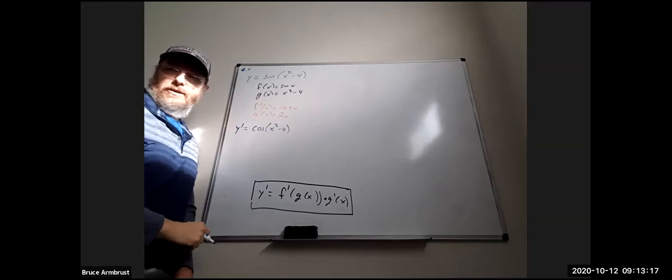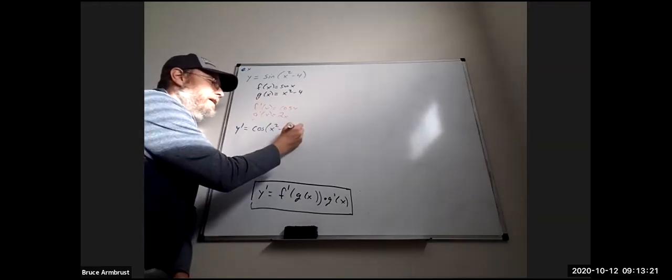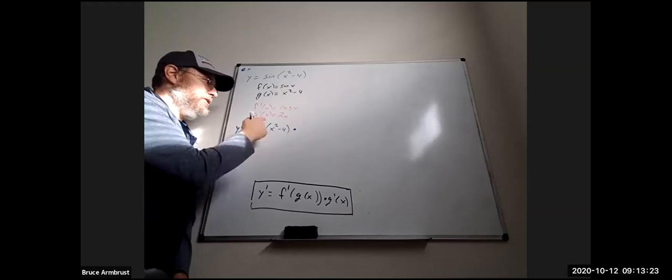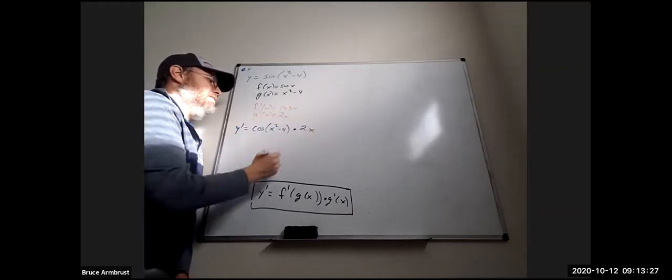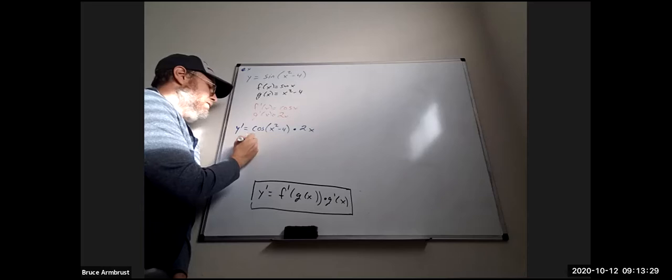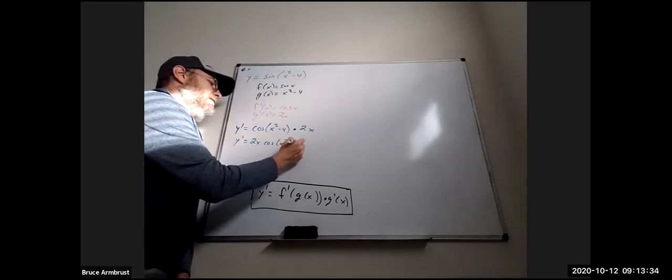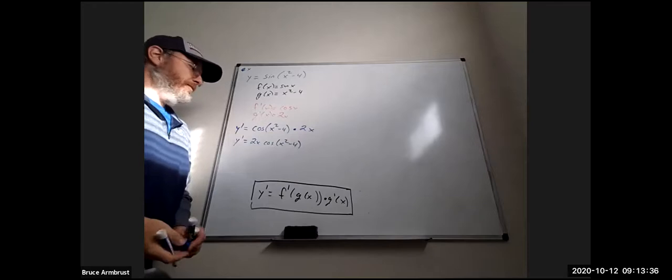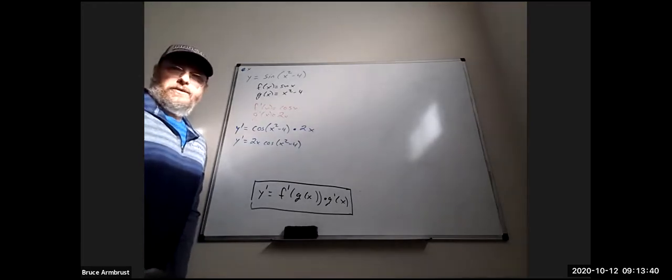I'm putting it into the derivative. And then I multiply by g prime. Multiply by 2x. So there's your derivative. The derivative of sine of x squared minus 4 is 2x cosine of x squared minus 4.